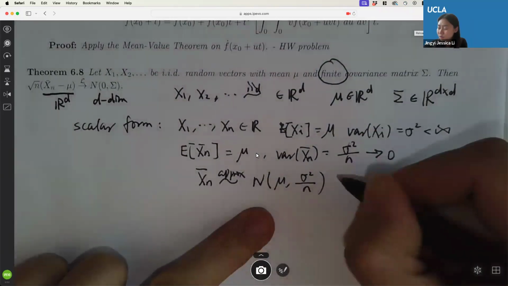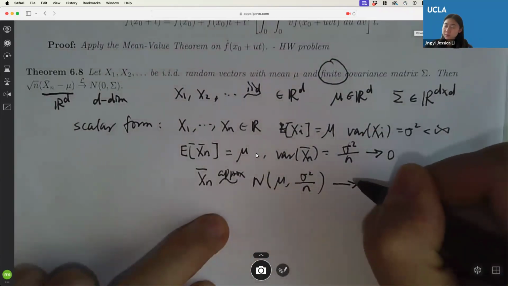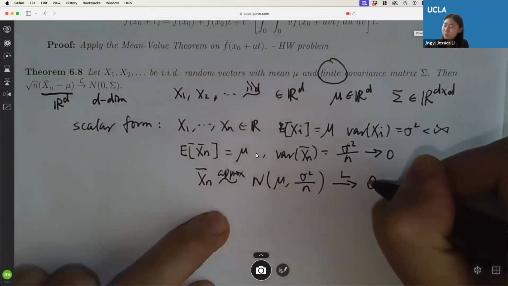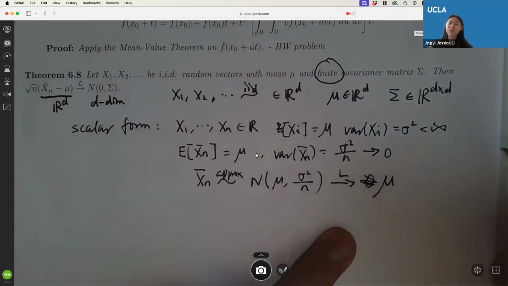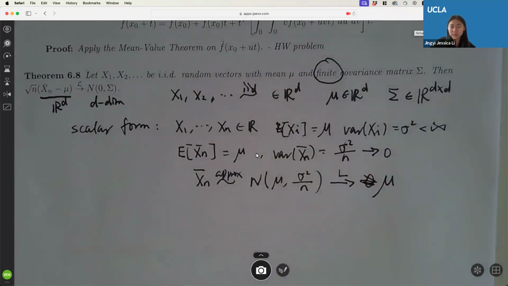So this distribution itself will converge in law to a point mass at 0, right? Because you will actually have shrinking variance. The variance is shrinking down to 0. So you will just have a point mass at mu. That's the problem.